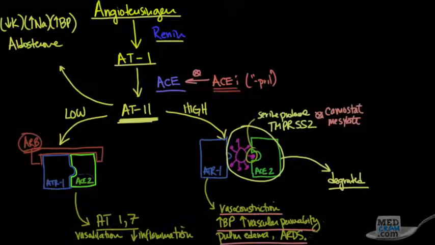That's exactly what we don't like to see in these situations in viral pneumonia. However, if there are low levels of angiotensin 2, then what we see is that it gets metabolized by ACE2, and that gets converted into a vasodilator called angiotensin 1,7.